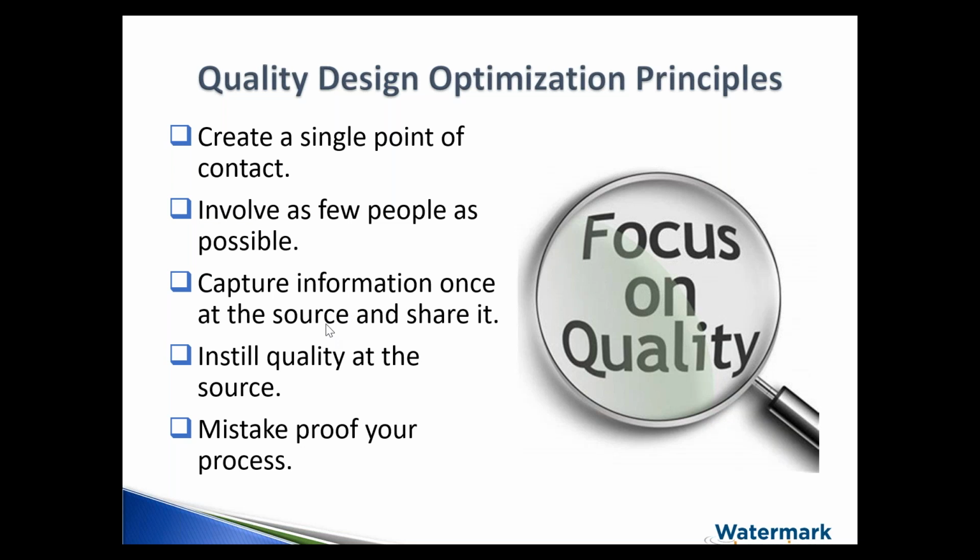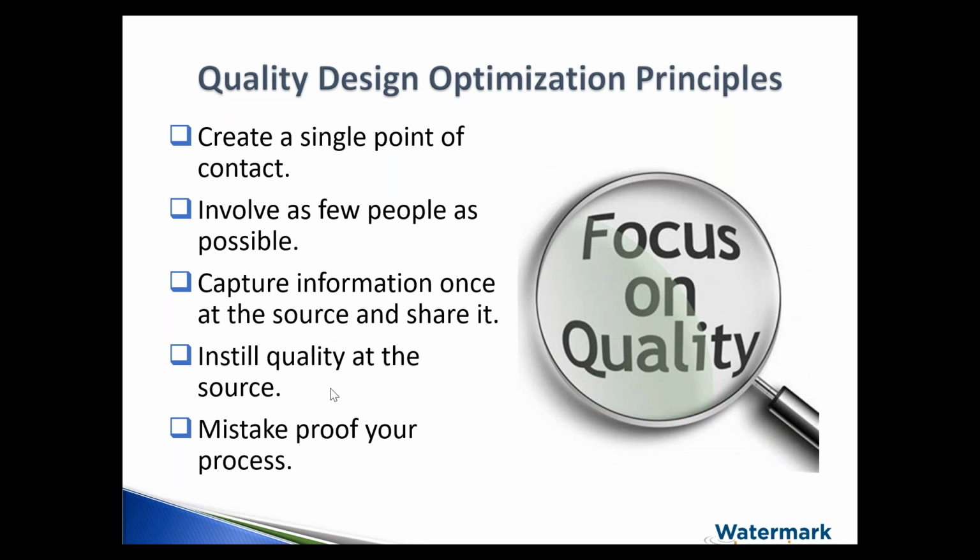I imagine if you look at your company, this department puts in customer information, this department puts in customer information, this department puts in customer information, chances are they don't do it the same. Capture it once and then share it. That's also a look out for duplication of work.